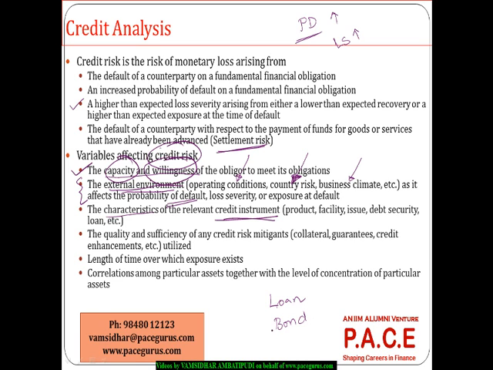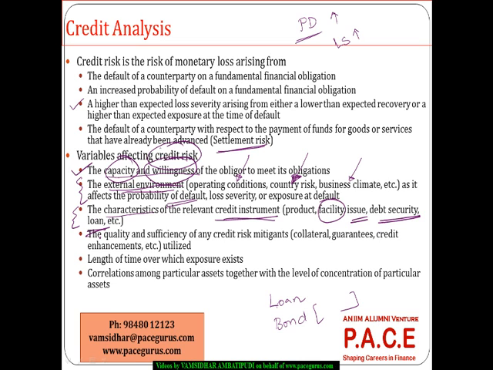In this bond there could be different kinds of bonds, so I look at the different characteristics of that credit instrument. Like, okay, what is the facility? What is the issue? What is the debt security? Is it a loan? What are the different characteristics? The maturity, the way in which the payments are typically made. Are there any specific features? We'll try to go ahead and look at this in detail.